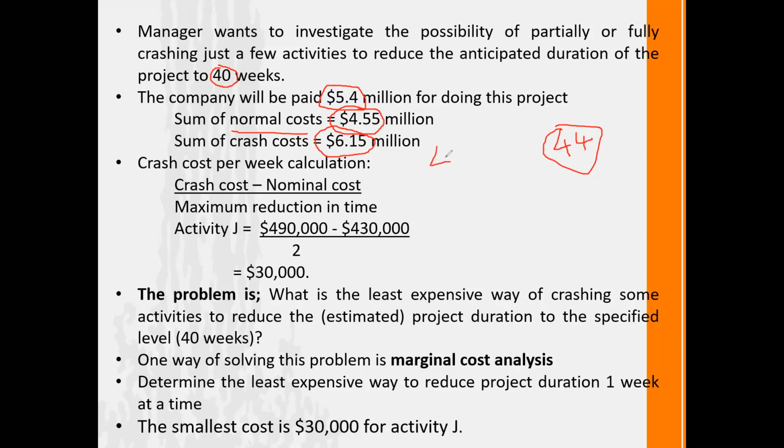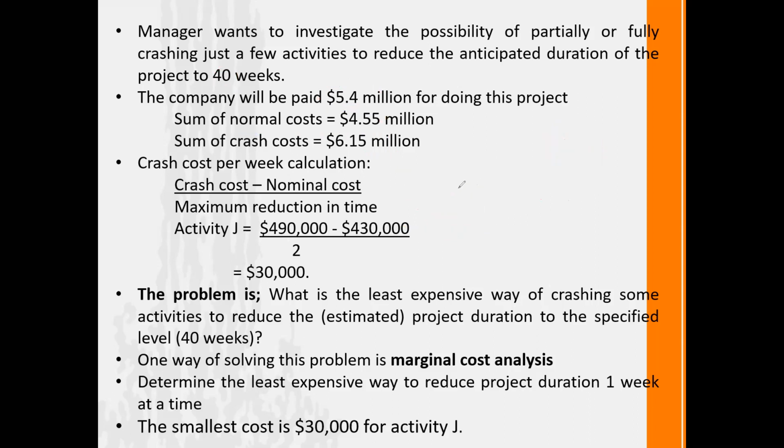We need to complete the project within 40 weeks, and if we crash our activities like we scheduled in our previous table, it ends up with $6.15 million. But the amount we receive is $5.4 million only. So is this project profitable if we crash the activities from 44 weeks to 40? No, we end up with a loss on the project.